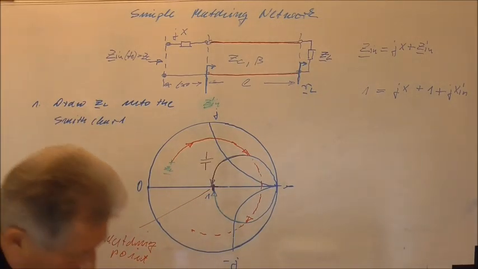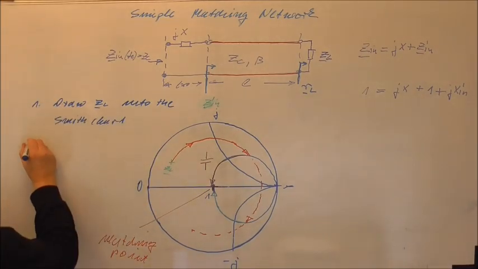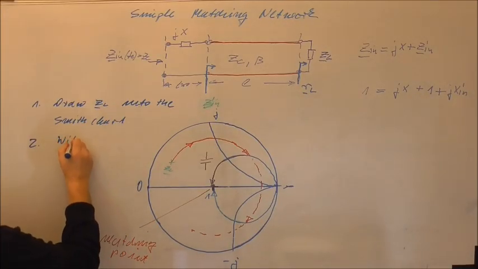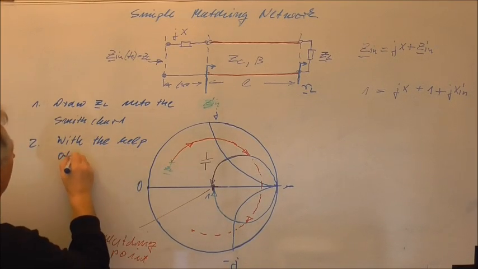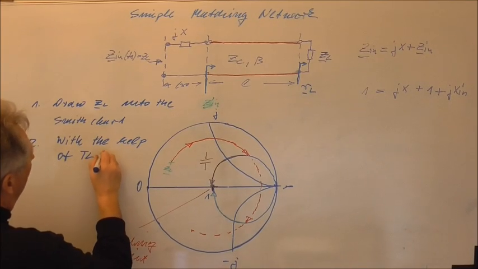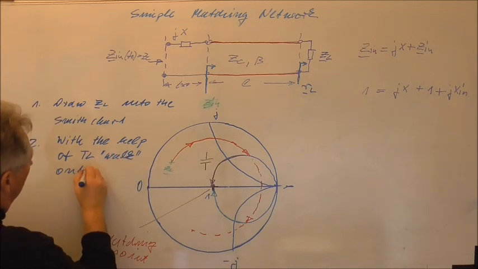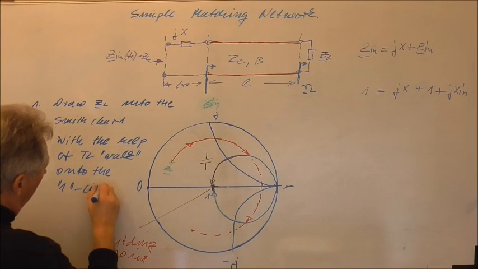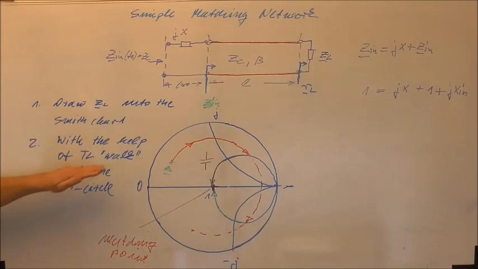So the second step would be to draw into the Smith chart, with the help of the inductance, you can walk onto the one circle.